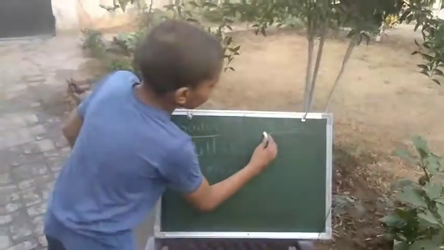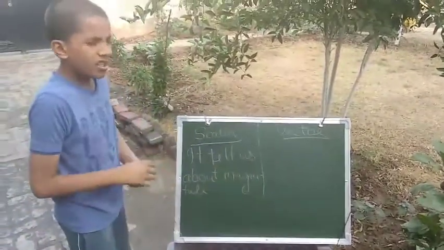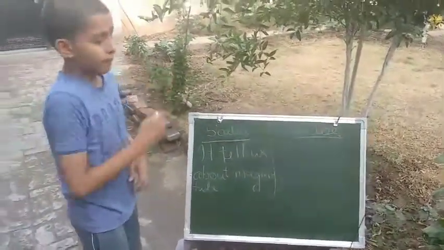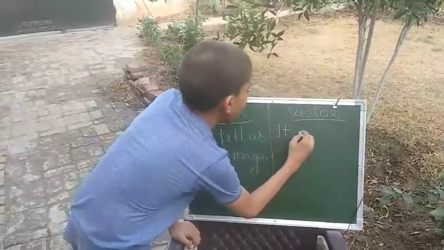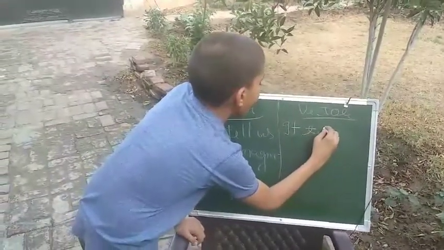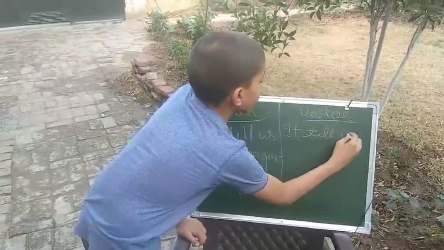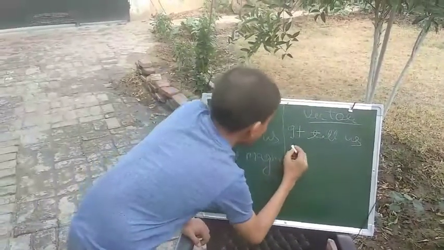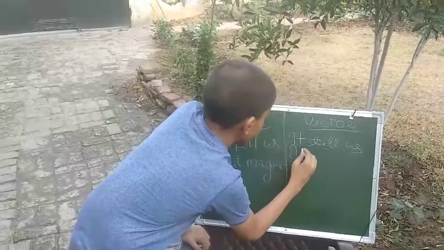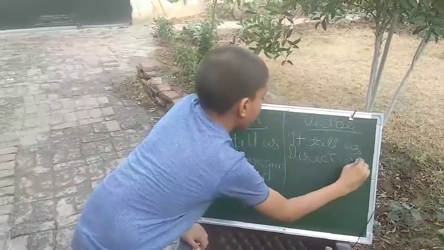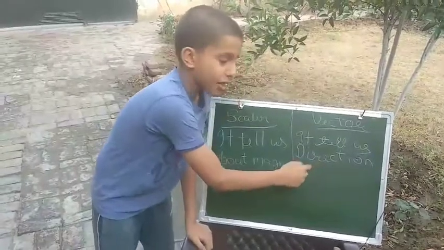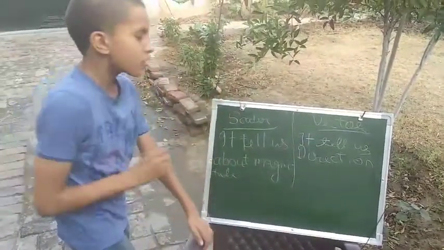But a vector quantity is somewhat the opposite of a scalar quantity. It tells us direction, but not only direction, it also tells us about the magnitude.